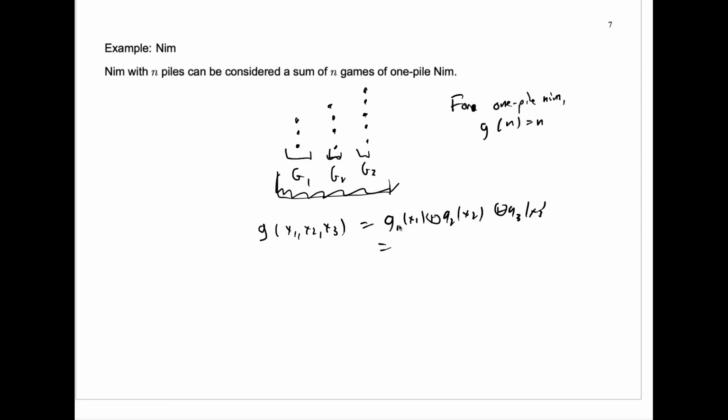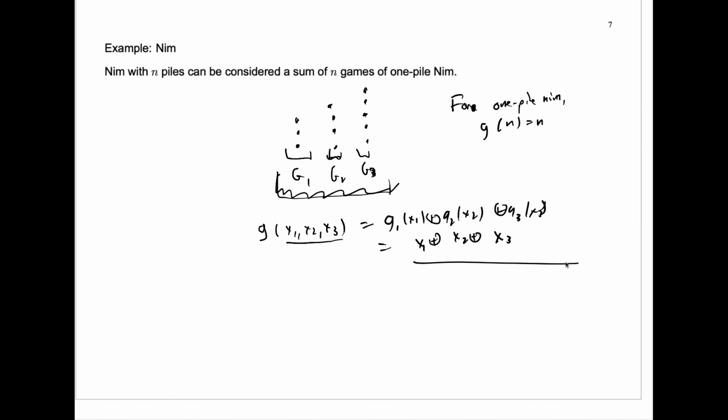And of course, g1 is just the Sprague-Grundy function for game 1, g2 for game 2, g3 for game 3. g1 of x1 is just x1. g2 of x2 is just x2. And g3 of x3 is just x3. So the Sprague-Grundy function for a general nim position with x1 in the first pile, x2 in the second pile, x3 in the third pile is exactly this nim sum, x1 plus x2 plus x3.